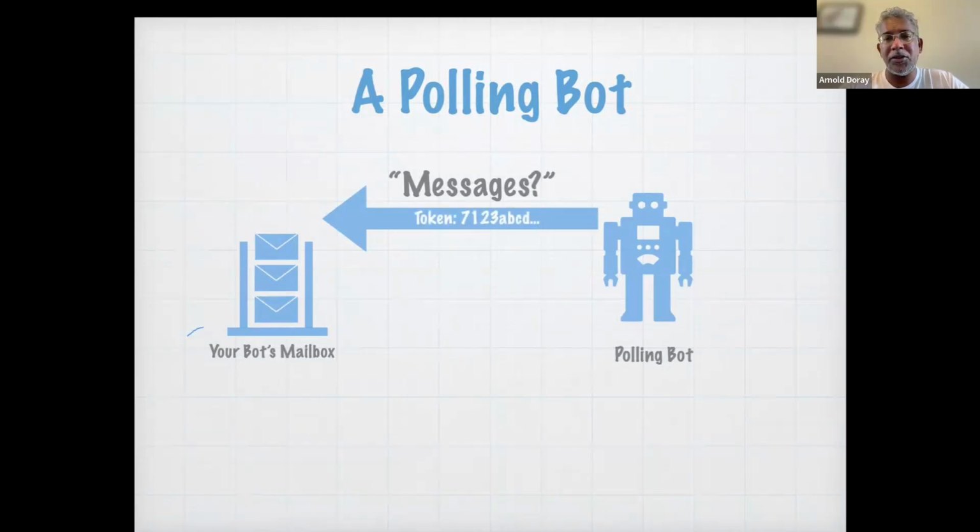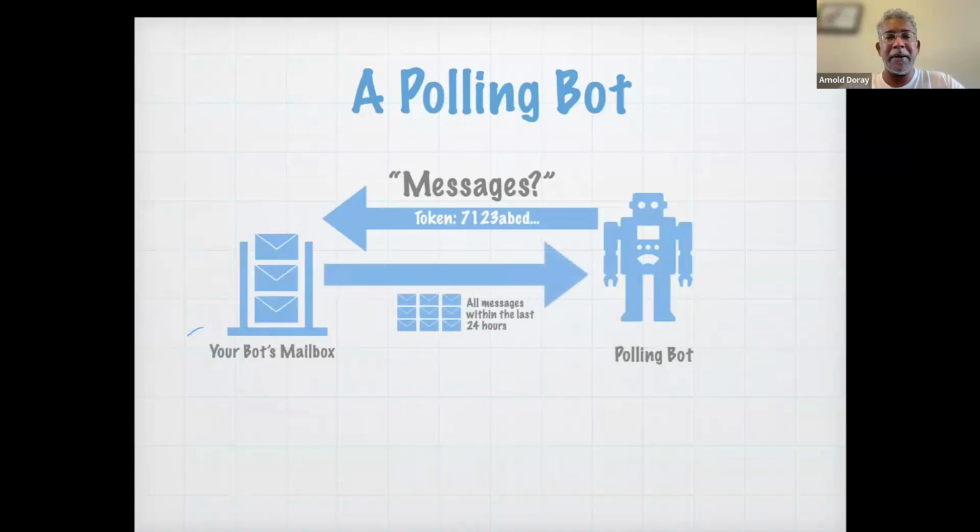The token is used to uniquely identify your bot, and that is why you must keep the token that you got from BotFather secret. Each time it asks the mailbox, it will also pass in the token. And Telegram, of course, sends back all the messages that it received within the last 24 hours.